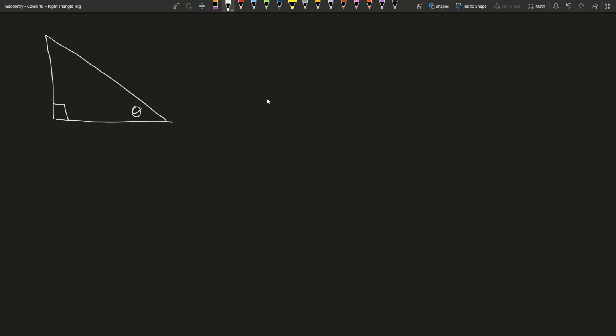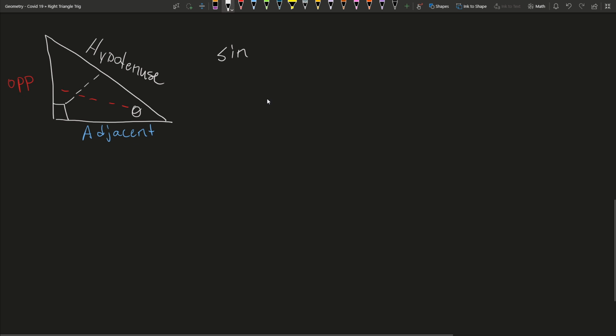So given a right triangle, we can determine sides. So again, that's finding the opposite, adjacent, and hypotenuse. And we have trig functions that tell us the relationships between the angle theta and the ratios of sides. So the sine of theta will always be opposite over hypotenuse.